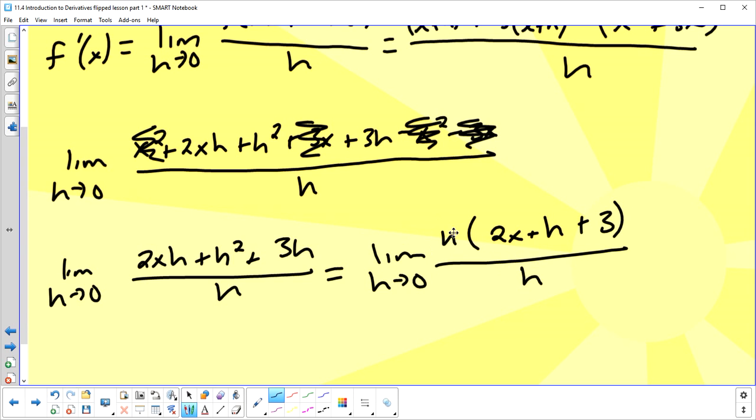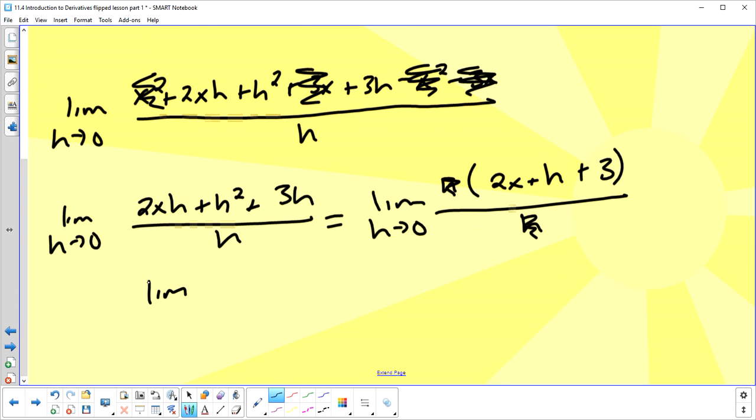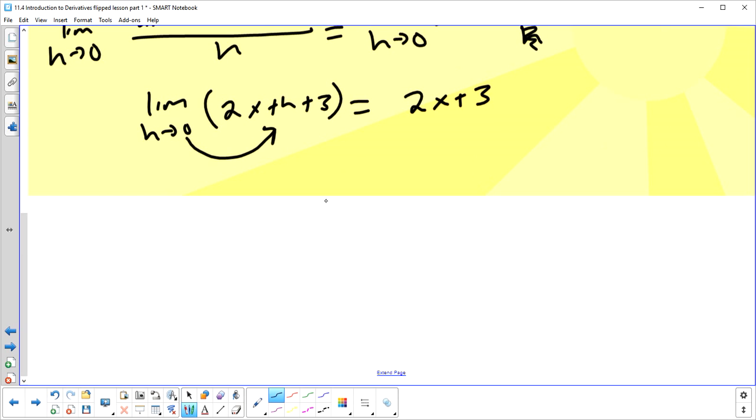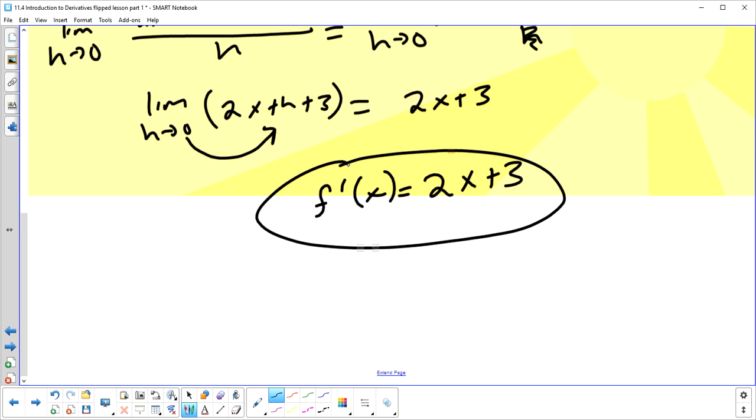And now, because I factored out that h, I can cancel those out, and so I have the limit as h approaches 0 of just 2x plus h plus 3, and now I can plug in 0 for h, because I'm not dividing by 0, and that's going to end up with 2x plus 3, which means that first derivative f prime of x equals 2x plus 3. And that's going to be important for the next piece that we talk about. So that's how we found the derivative of a function, 2x plus 3.